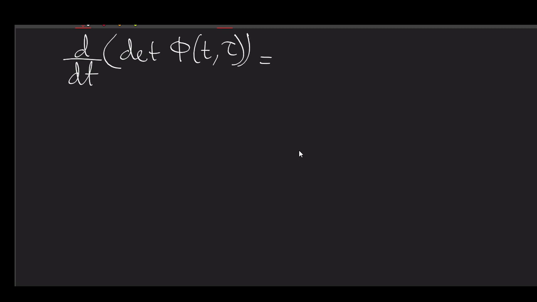That was like, do note that this determinant is not an explicit function of our time. So we have to go for chain rule.